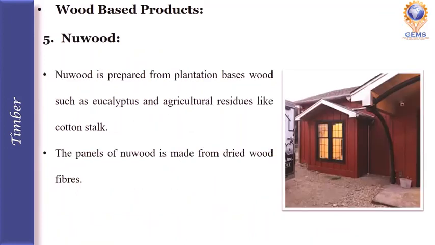The next wood-based product is newood. These newoods are prepared from plantation-based wood like eucalyptus and agricultural residues like cotton stalks. The panels of newood are made from dried wood fibers which are bonded together by heat and high pressure.